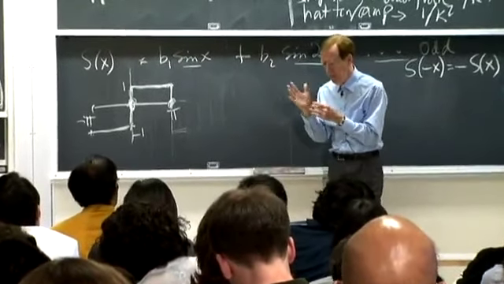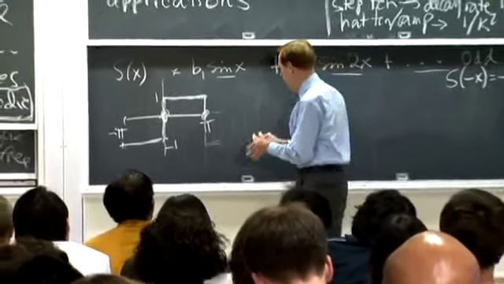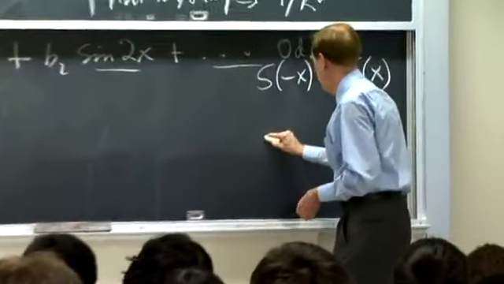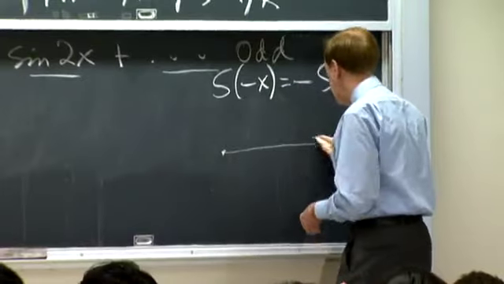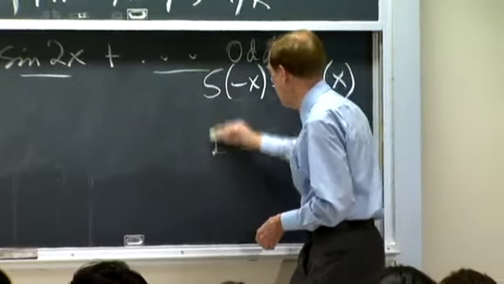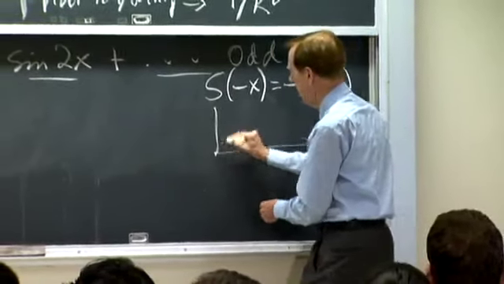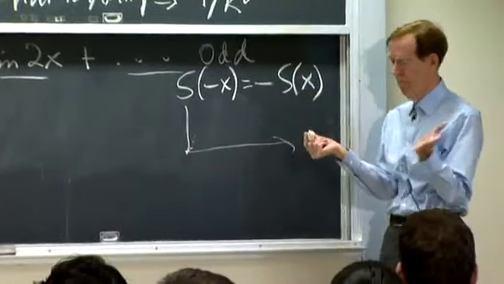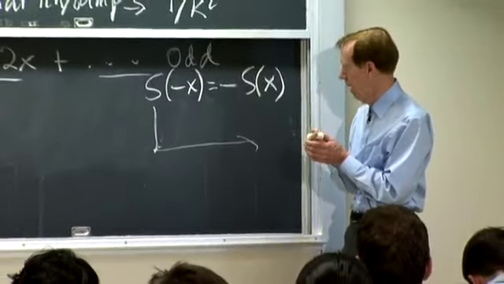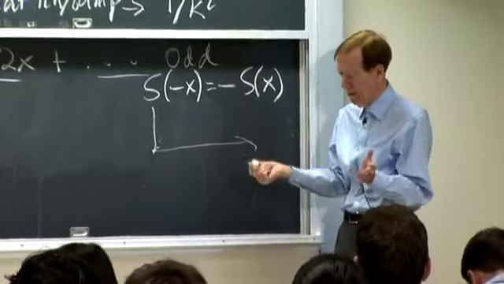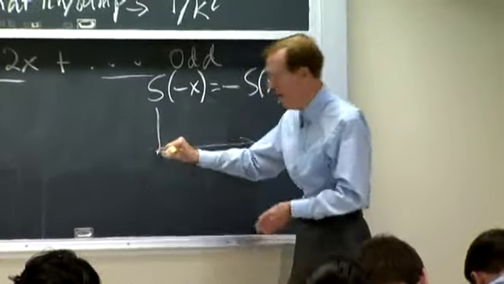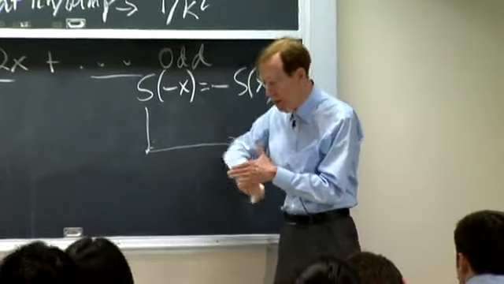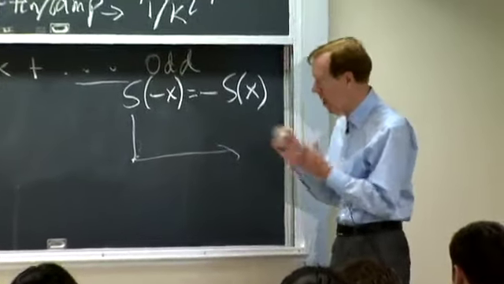My picture in function space is that here's the sine x coordinate, and somewhere there's a sine 2x coordinate, and it's 90 degrees, and then there's a sine 3x coordinate, and then there's a sine 4x, and we're in infinite dimensions, and the sine vectors are an orthogonal basis. They're orthogonal to each other.